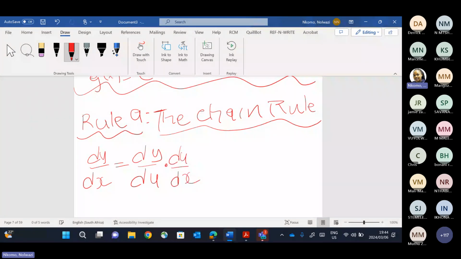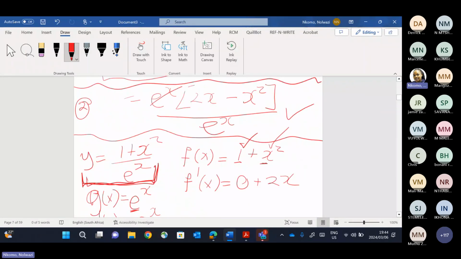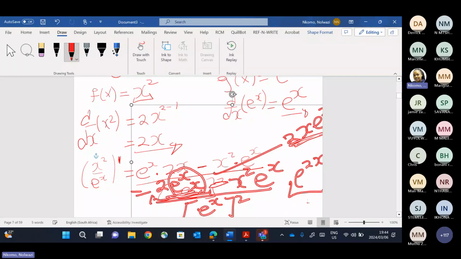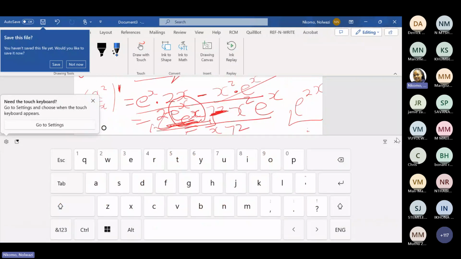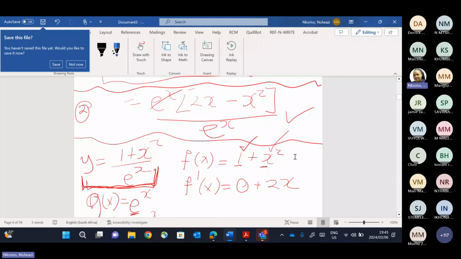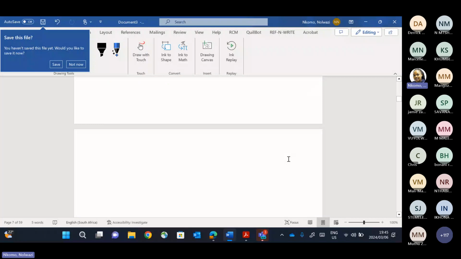Your y function will be given in terms of x, but it won't be easy for you to use our rules if your function is given in terms of x. That's why you have to come up with a new function. This is how you will define the inner function and the outer function.